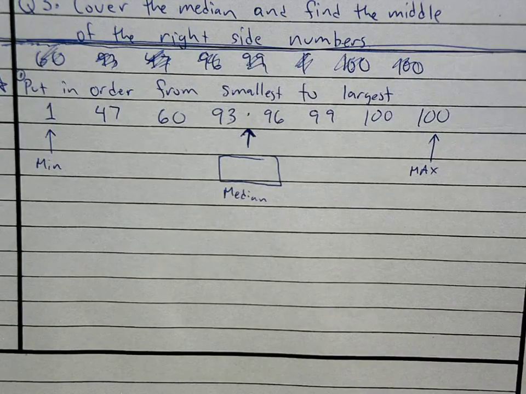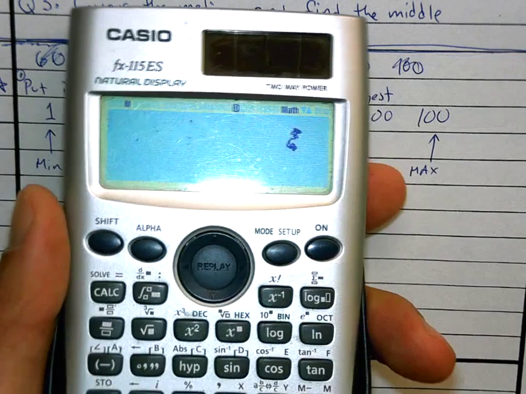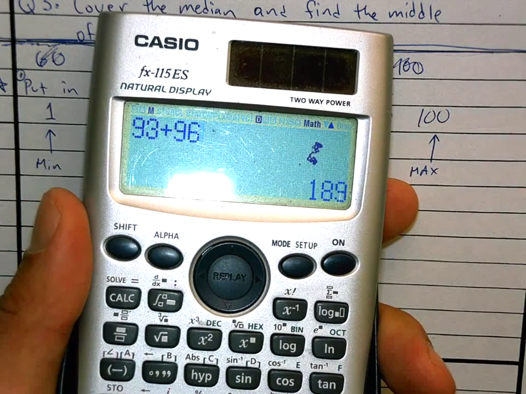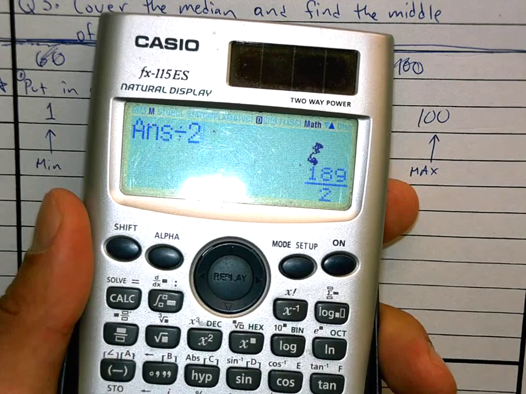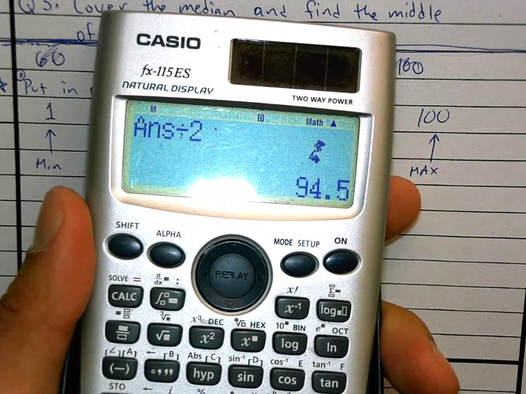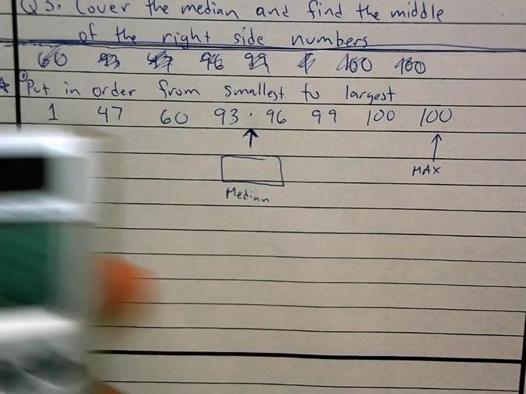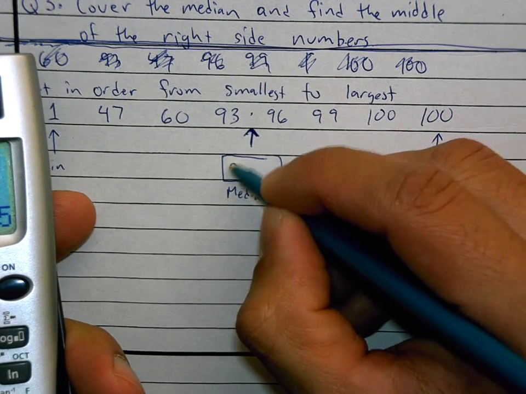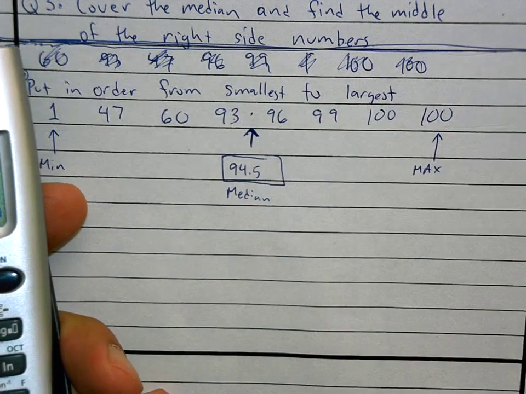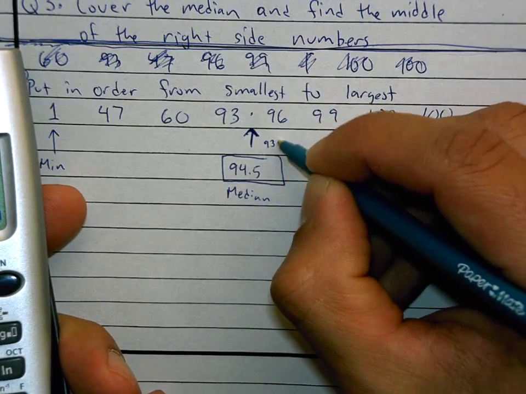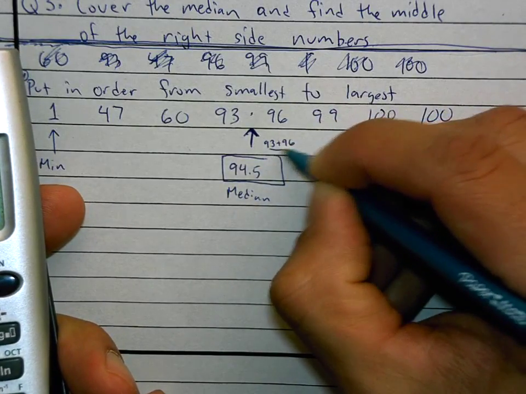How do you find the average of 93 and 96? What if it's a decimal? That's okay. So what is my median? My median is 94.5. And if you need to, I'm going to write here, it was 93 plus 96 divided by 2.